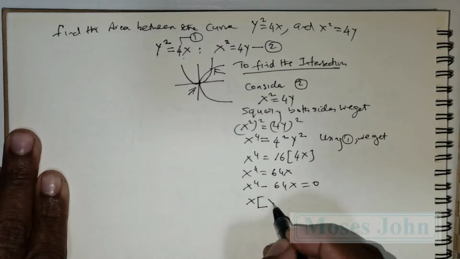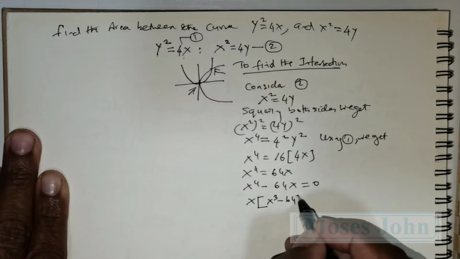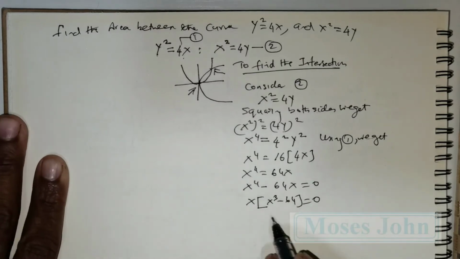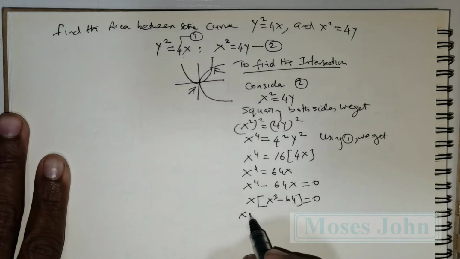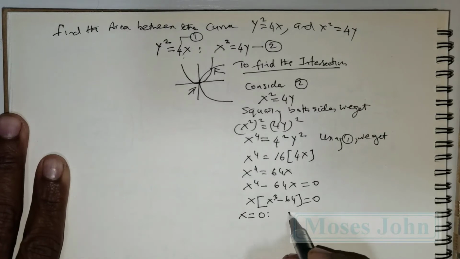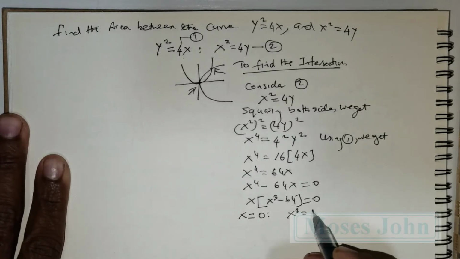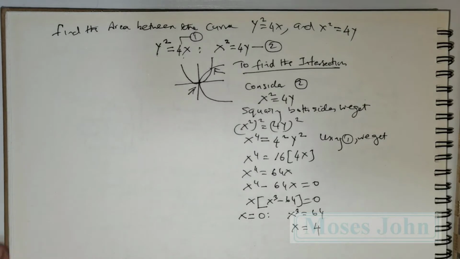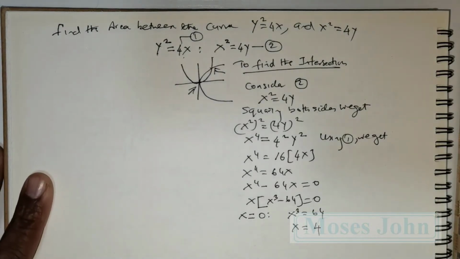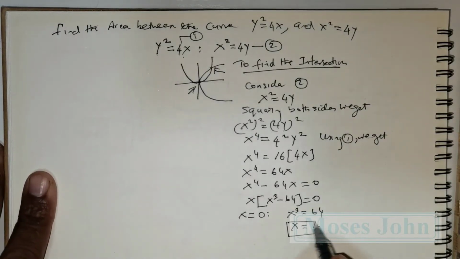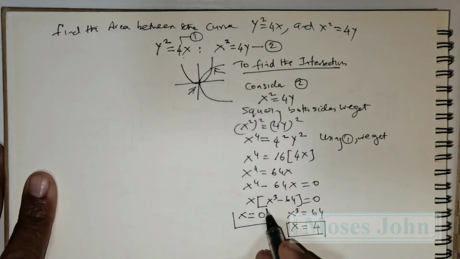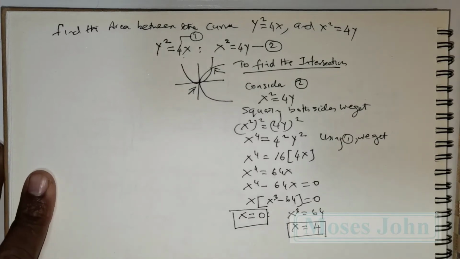Taking x out, I get x times (x cubed minus 64) is equal to 0. So x is equal to 0, one solution, and then x cubed is equal to 64, the other one. From here I can write x is equal to 4. So we got two values, x is equal to 0 and x is equal to 4.